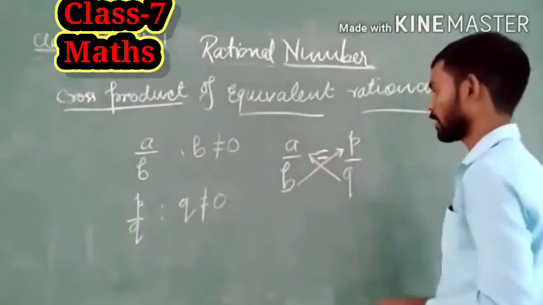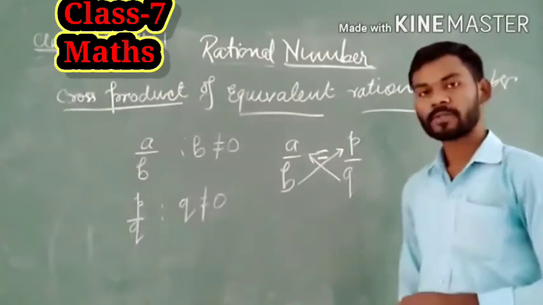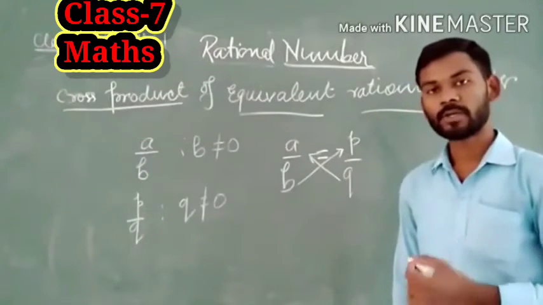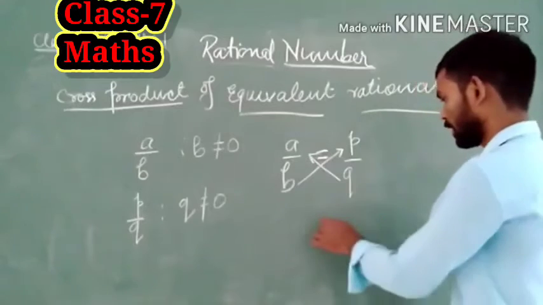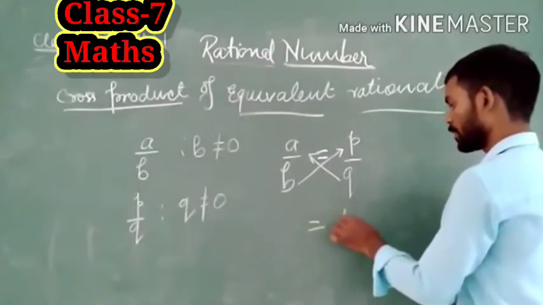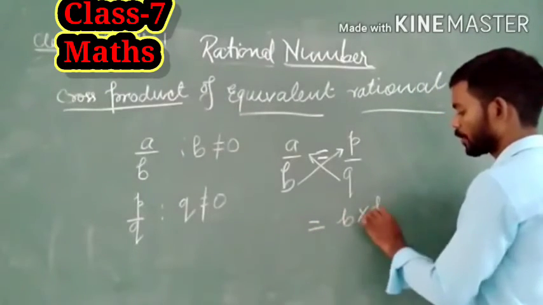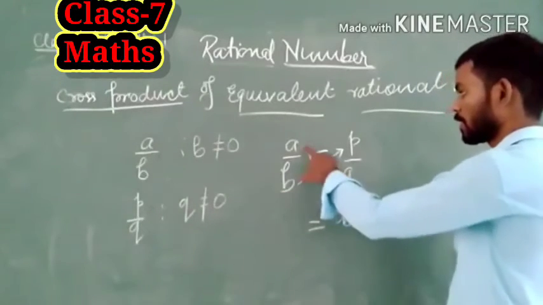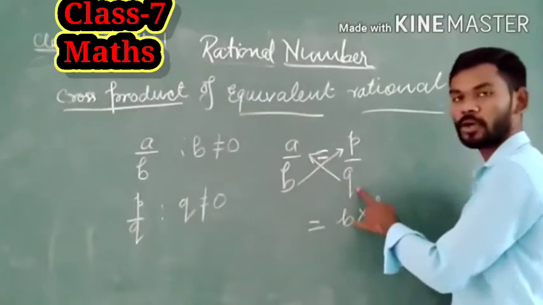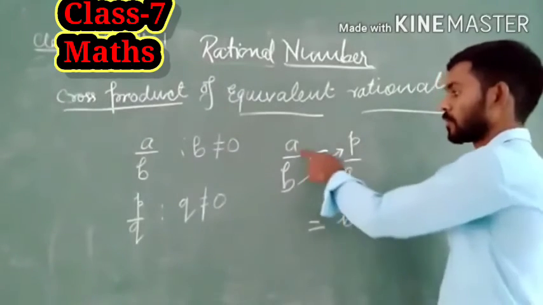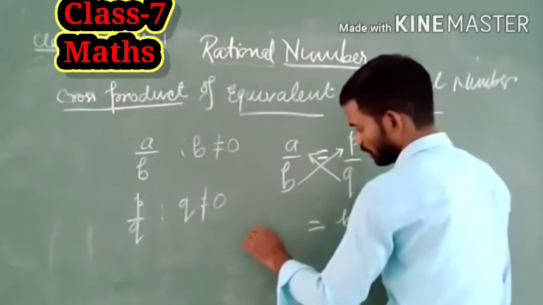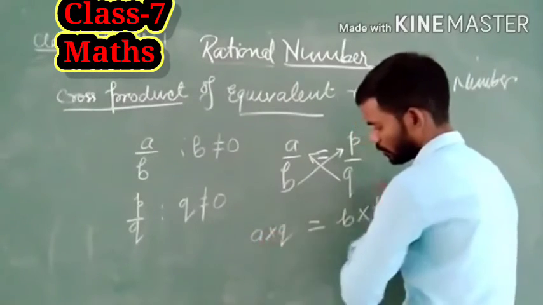We multiply the numerator of the second term by the denominator of the first, and here we get B multiplied by P. Next we multiply the denominator of the second number by the numerator of the first, and here we get A multiplied by Q.